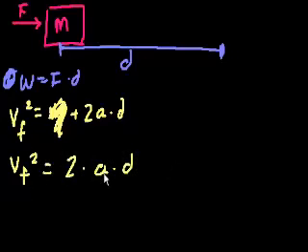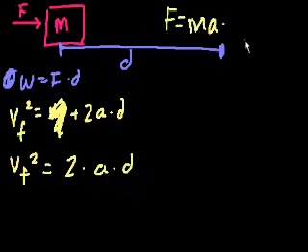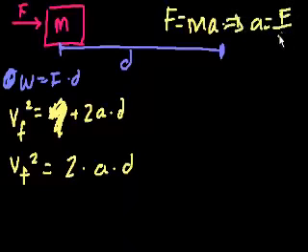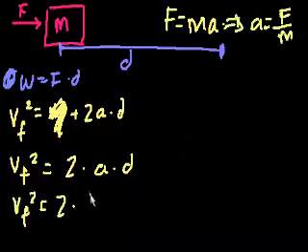And then we could rewrite the acceleration in terms of the force and the mass, right? So what is the acceleration? Well, F equals ma, or acceleration is equal to force divided by mass. So we get vf squared is equal to 2 times the force divided by the mass times the distance.